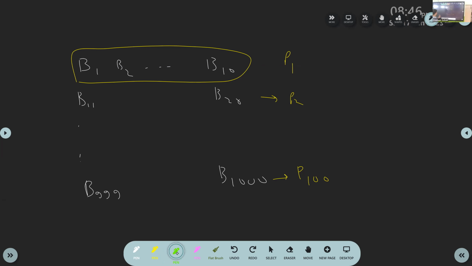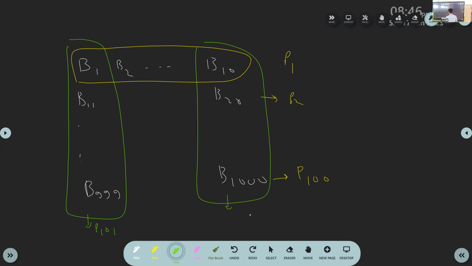So at the same time, I will take the first column and give that to prisoner 101, and this last column I give to prisoner 110. So what will happen? Exactly one person here will die, and one person here will die. Where they intersect, that is your poisoned bottle.